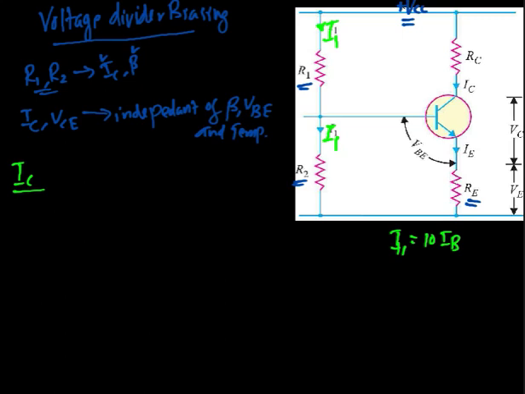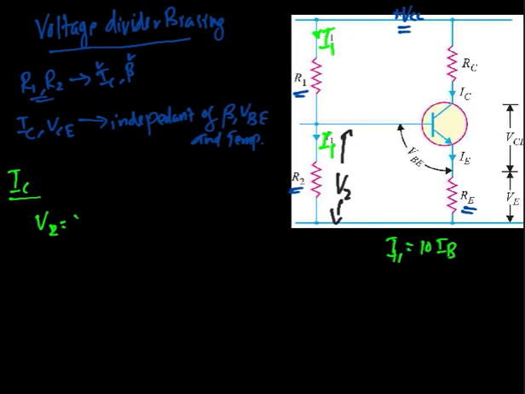The voltage that appears across R2 is taken to be V2. Then we can write V2 is equal to I1 into R2.